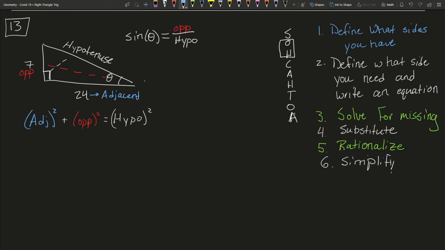Then if we substitute our values in, we get 24 squared plus 7 squared. And then we still don't know the hypotenuse. 24 squared, if you plug that into a calculator, that's 576. 7 squared is 49.